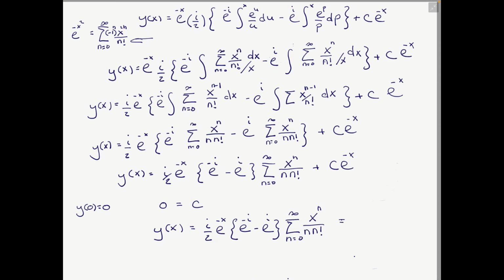We had e to the minus x, e to the t on t squared plus 1 dt. So that's how they left it in the book, because they didn't want to go through the solution.